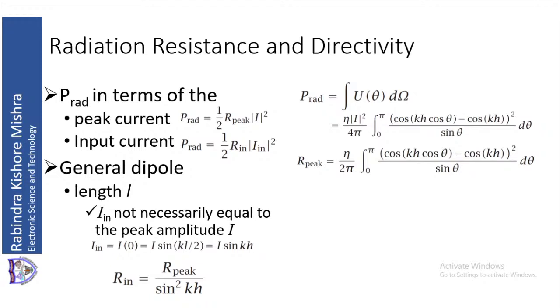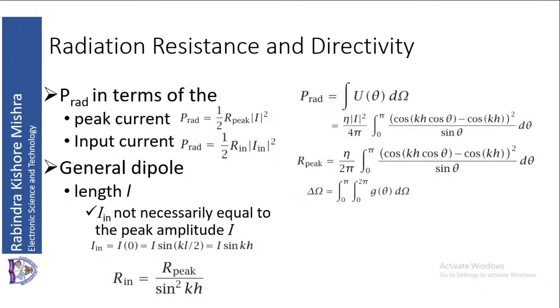Now we find R peak, once we know P rad. R peak is equal to P rad by I square, so it will be eta by 2 pi integration 0 to pi, cos(kh cos theta) minus cos kh whole square divided by sin theta d theta, integration over theta.